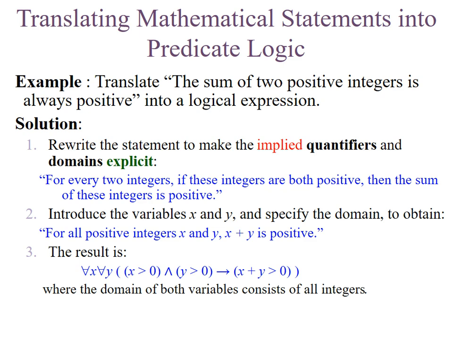This is the complete predicate of this original sentence, and we can translate it to predicate logic. For all x, for all y, the domain is integers: if x is larger than 0 and y is larger than 0, these two elements are positive, then x plus y is larger than 0.